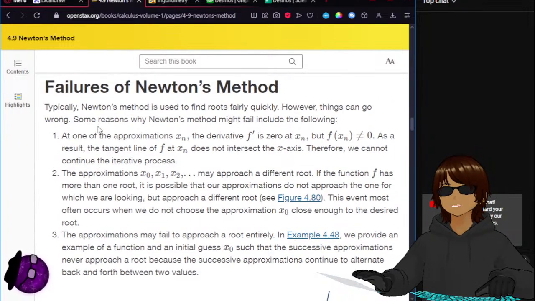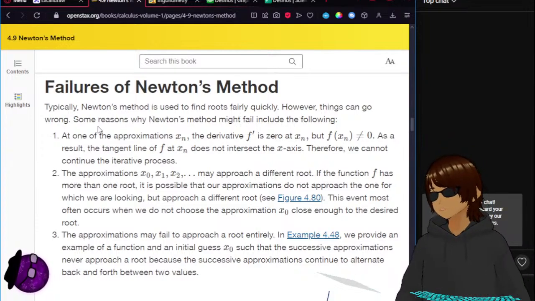Typically, Newton's method is used to find roots fairly quickly. However, things can go wrong. Some reasons why Newton's method might fail include the following.